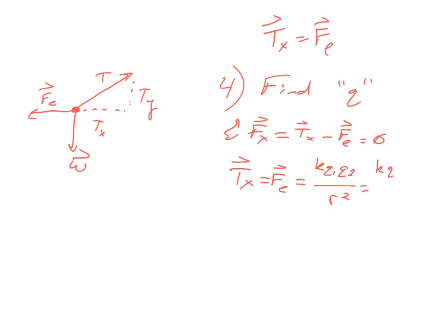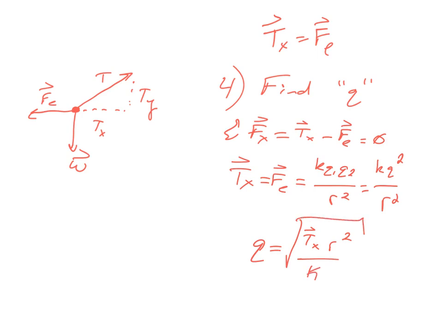That means that this is not K Q1 Q2 over R squared, it's K Q squared over R squared. And with that, I can get Q equaling the square root of Tx, because Tx is taking the place of Fe, times R squared all over K, which is Coulomb's constant.